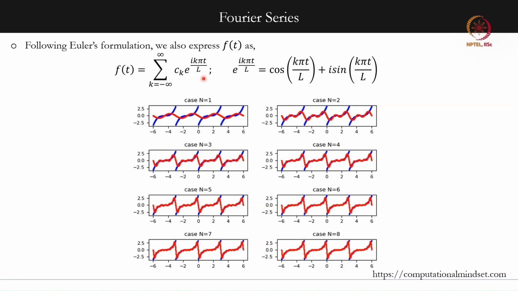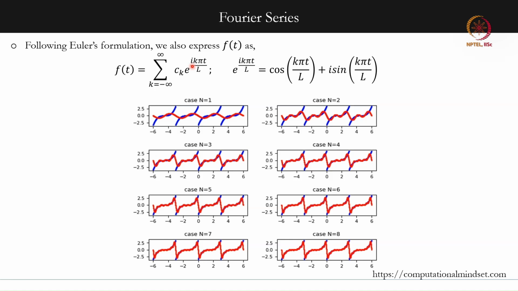So e to the power of i k pi t by L, where k can take values from minus infinity to plus infinity, also form basis functions in our domain. And we can express this function f of t as a linear combination of these basis functions as well. And using the same analogy, ck, which is the coefficient associated with the basis function in this summation, is nothing but the projection of the function f of t along this basis function.